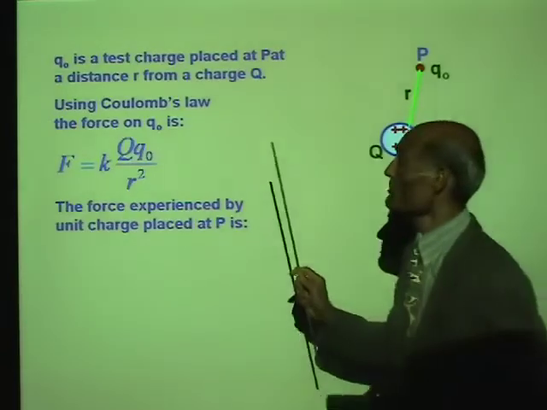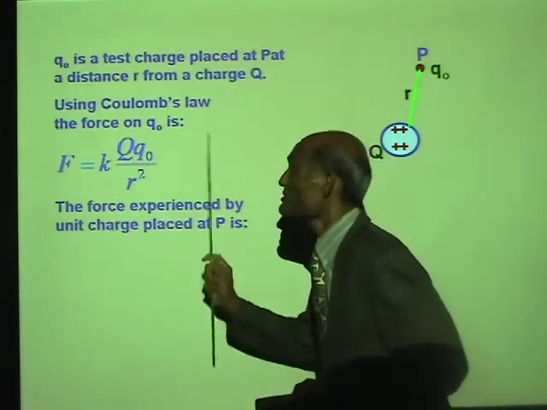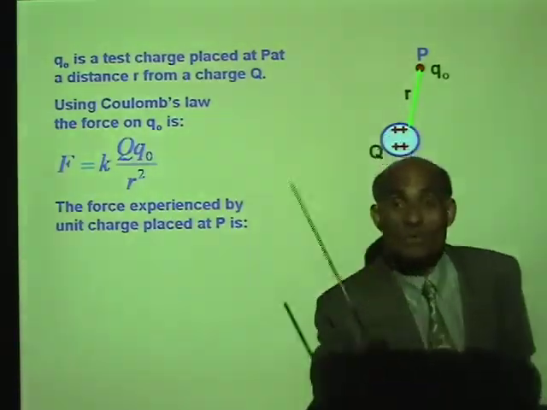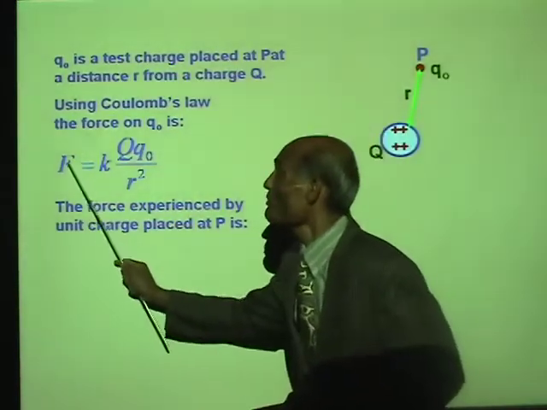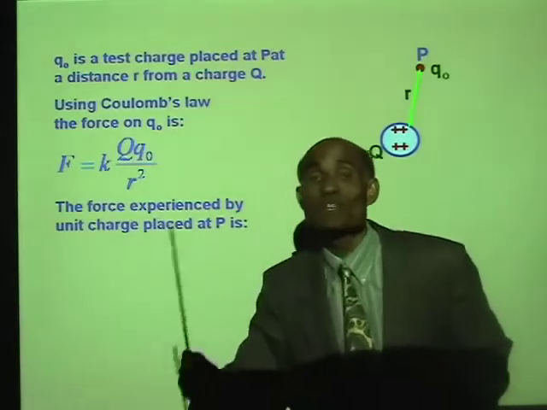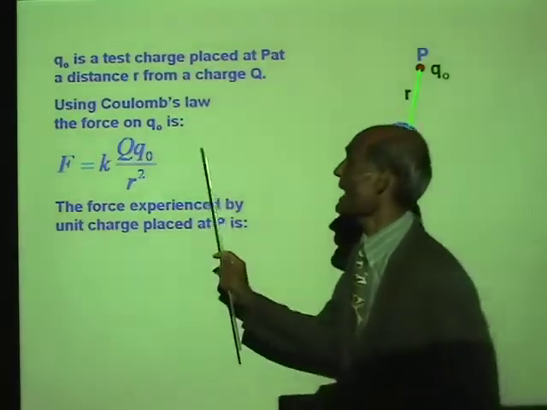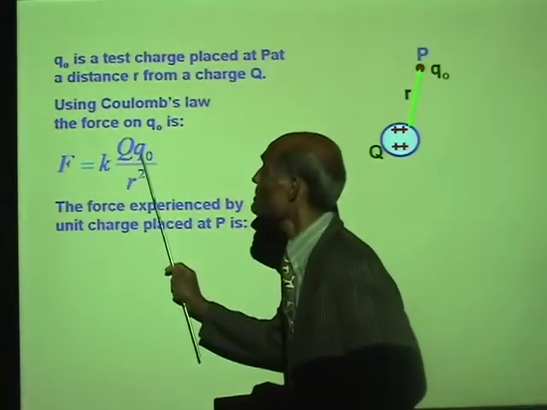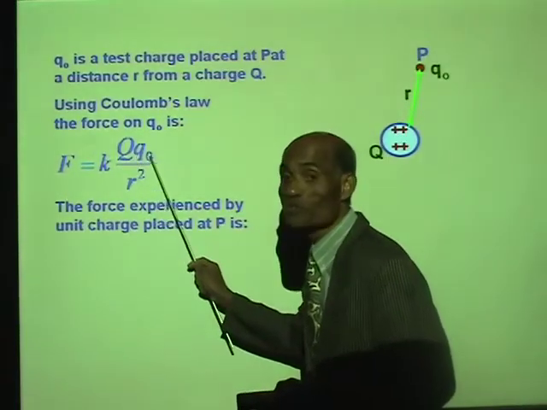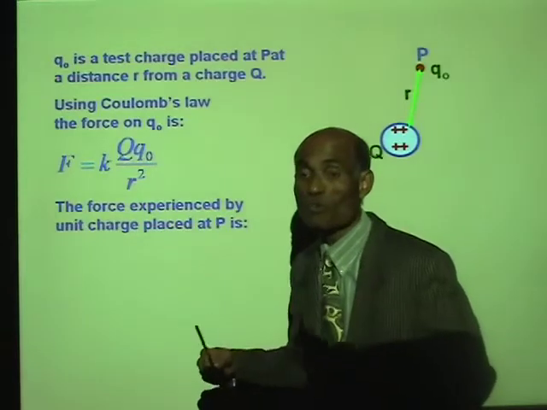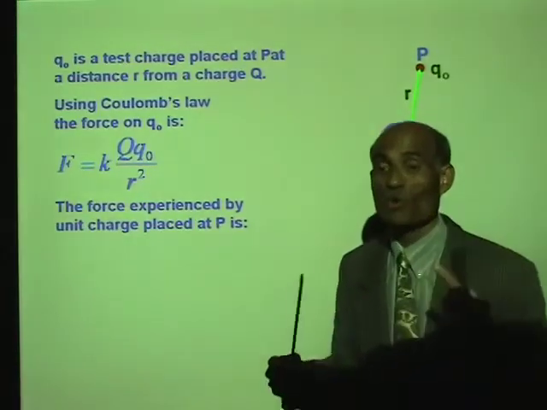Now, suppose the value of this test charge is 1 unit test charge. If it is 1 coulomb, what is the force per unit charge? How do you find that? If this is a measure of the force on a charge of Q0, what is the amount of force on 1 coulomb?